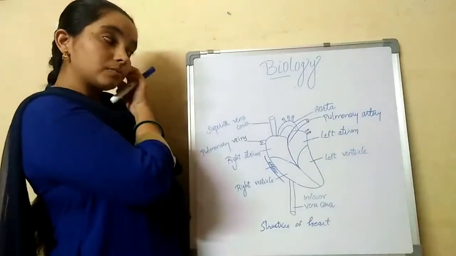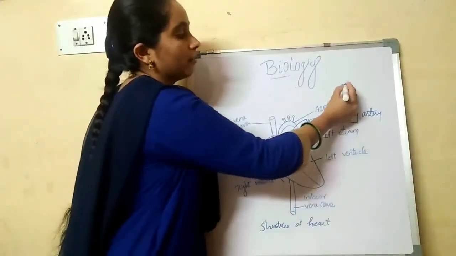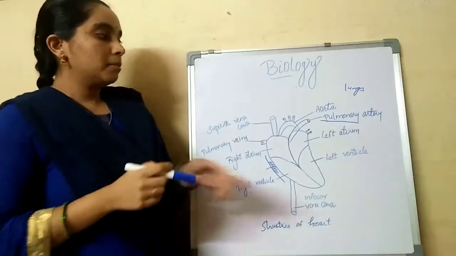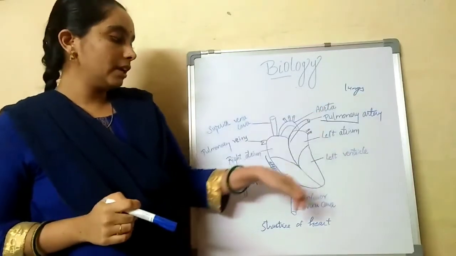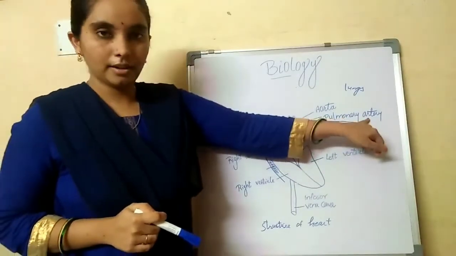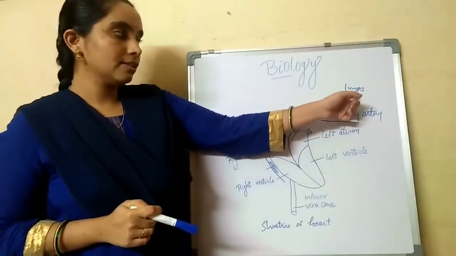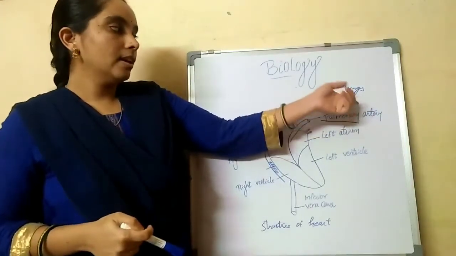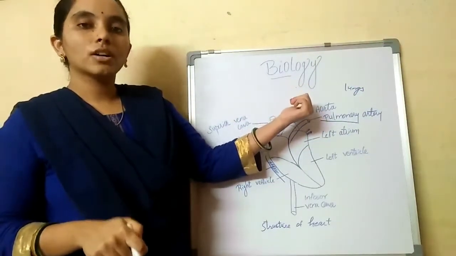Always remember the term pulmonary is always related to the lungs. So the pulmonary artery is related to the lungs. When the right ventricle passes the blood to the pulmonary artery, this pulmonary artery carries the blood to the lungs. There the deoxygenated blood gets oxygenated, and that blood becomes oxygenated blood.